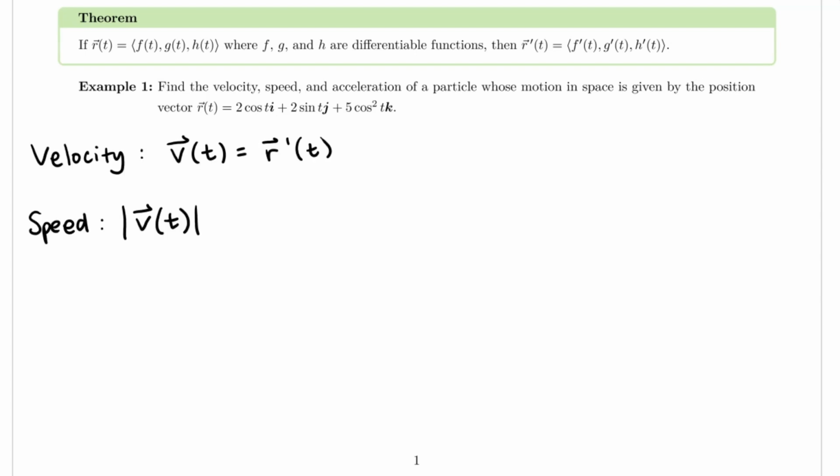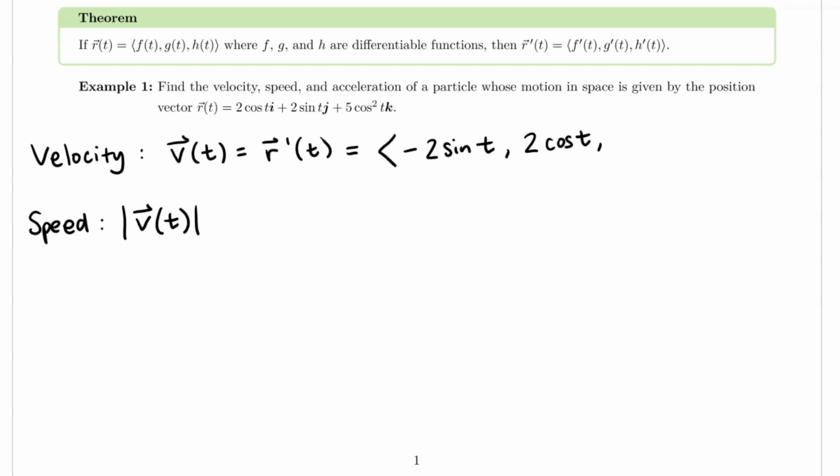All right, so let's start with the velocity. The velocity vector function is equal to r prime of t, so I'm going to, based off this theorem, take the derivatives of each of the components individually. First we have 2 cosine of t. Its derivative would be negative 2 sine of t. Then the next derivative would be 2 cosine of t.